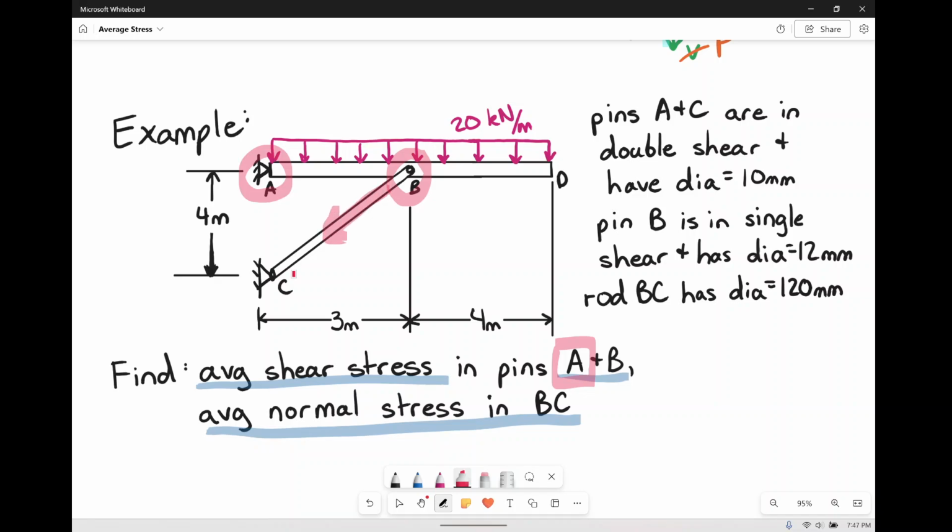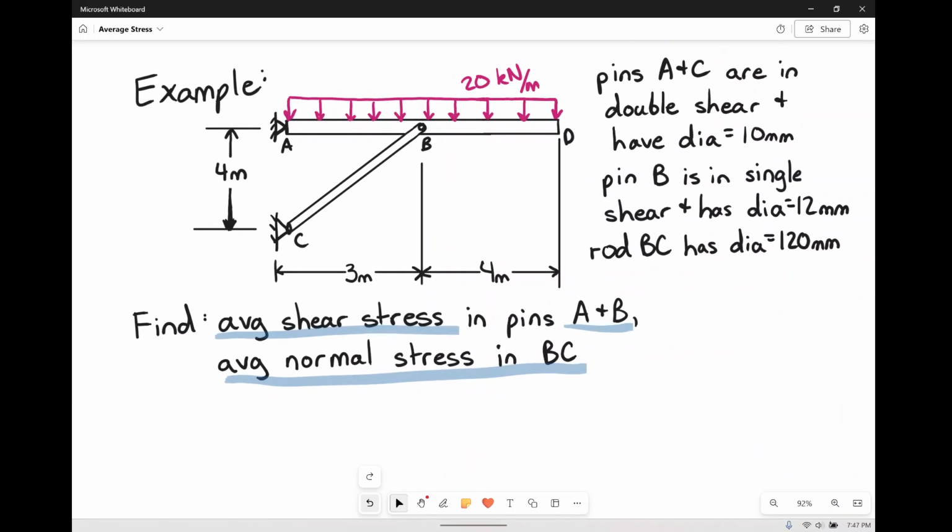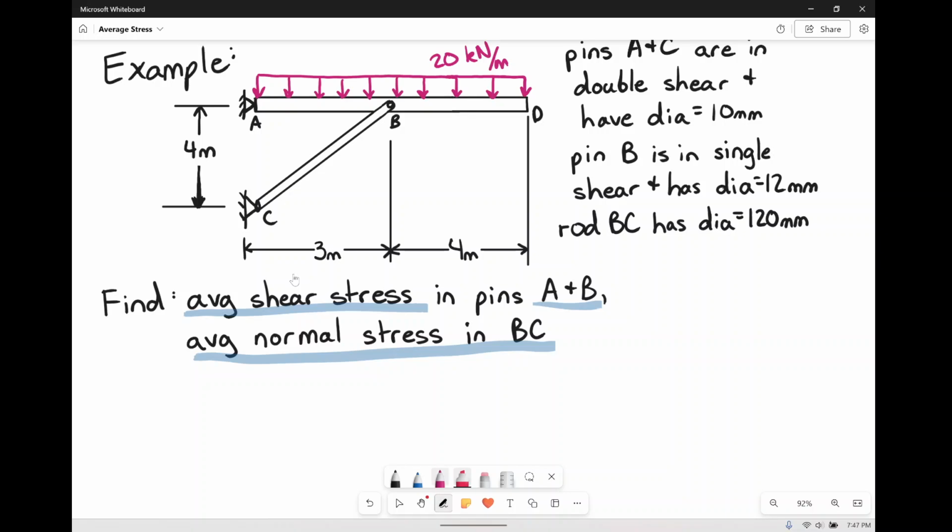And technically that's also going to give me the normal stress in BC as well. So I need two sets of forces here. I need the force going down BC and I need the reactions at A.